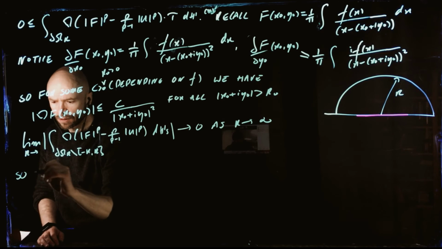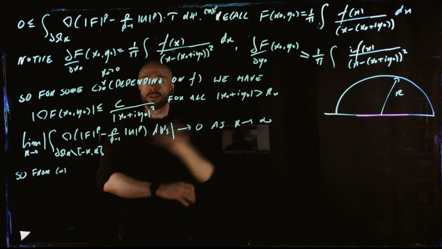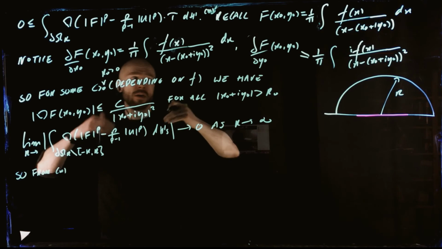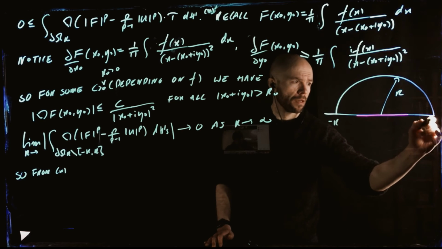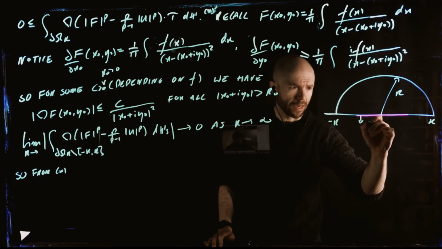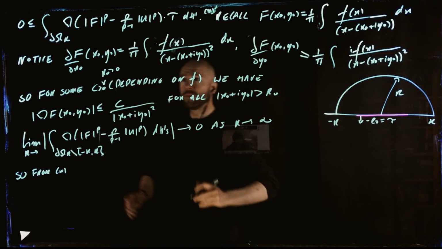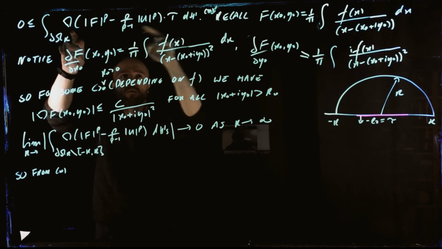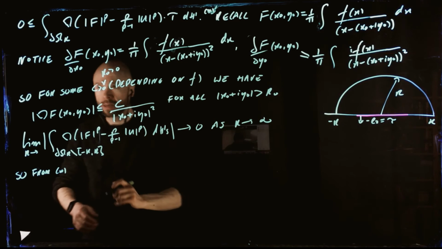So from star, we will just have the integral with respect to minus r to r, but the outward pointing unit normal in that case is just minus E2, right? So then it'll be the dot product of the gradient with minus E2, which is just minus the partial with respect to y, right?